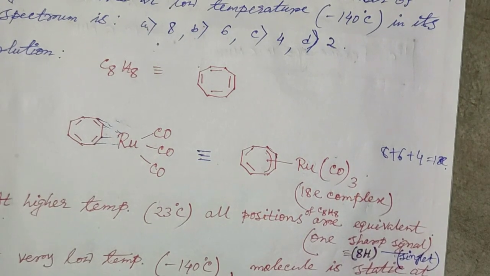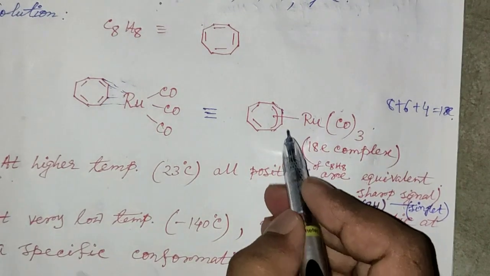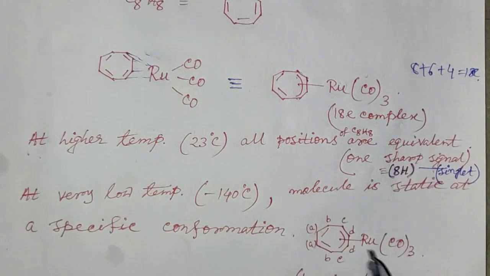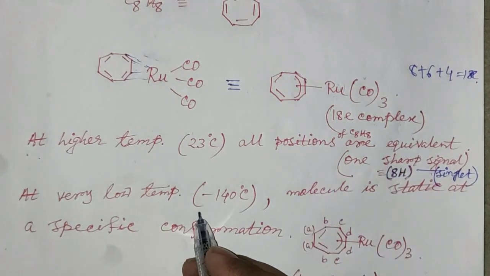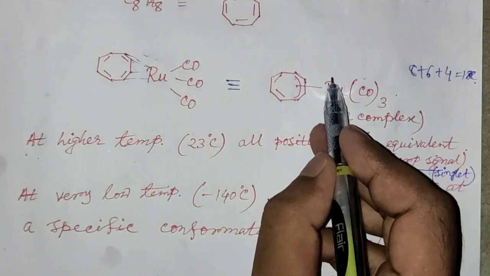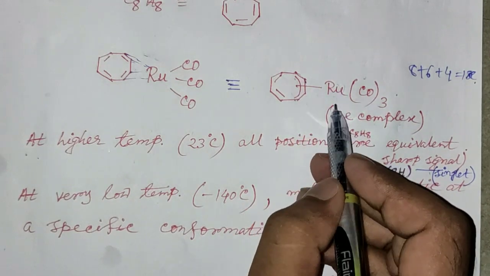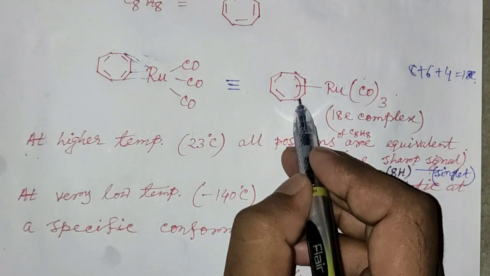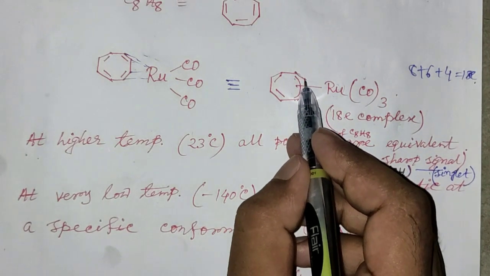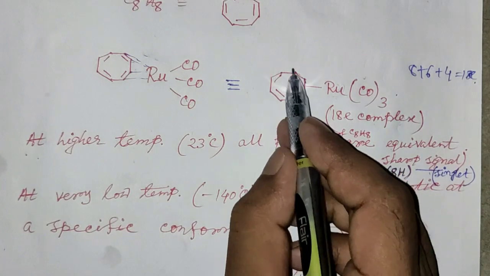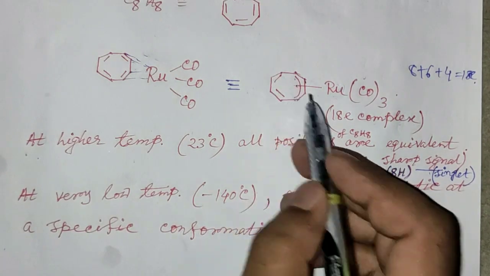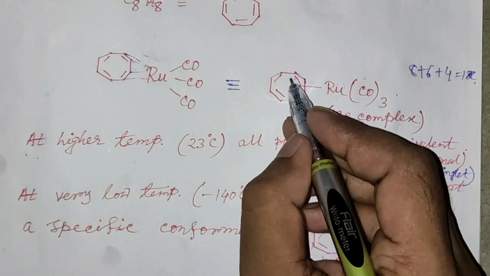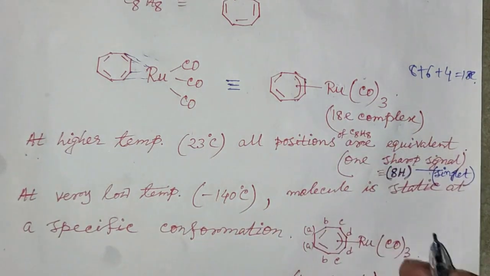Now at low temperature, the fluxional behavior of this compound vanishes, and at very low temperature the metal center at a time will combine with only these 4 carbon atoms, and it cannot equilibrate between the different carbon atoms. So this will show a different number of peaks.